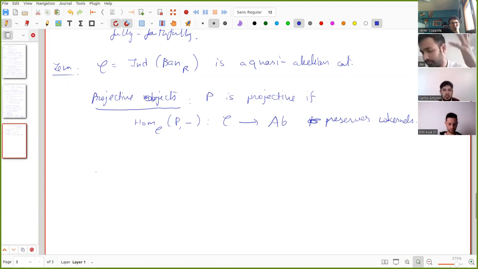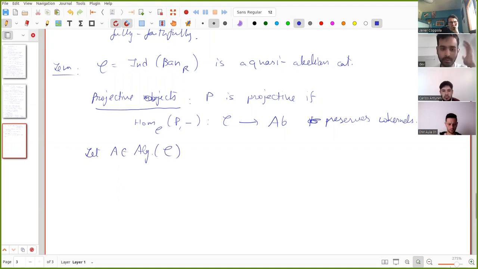Okay, but we want to define projective objects relative to some algebra. That is, we want a projective bimodule resolution relative to the algebra whose Hochschild homology we care about. So what we do is, we do what is called relative homological algebra. Now, since this is a symmetric monoidal category, we can define algebras in it. So let A be some algebra inside this category. We can then define the category of modules relative to that algebra.